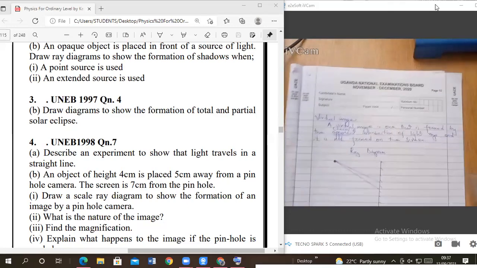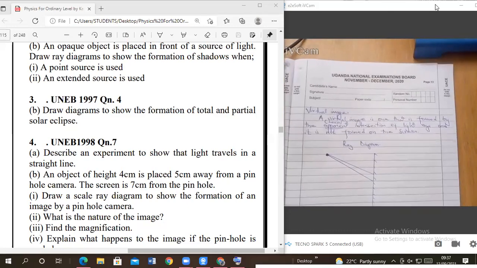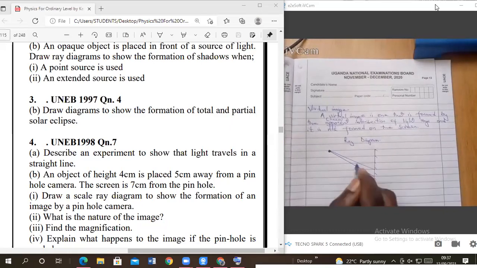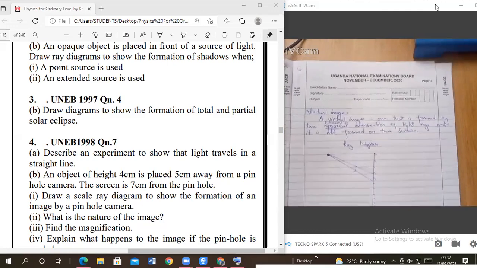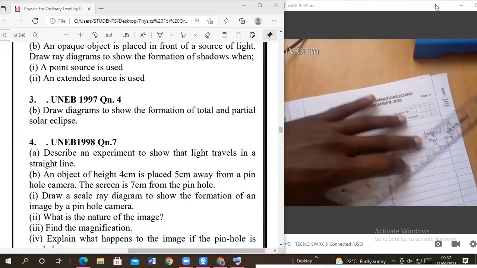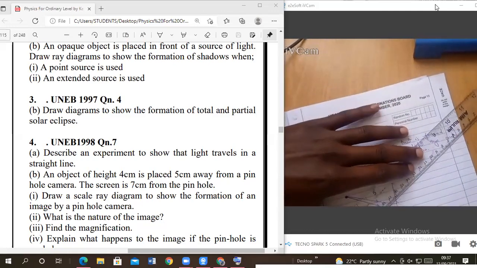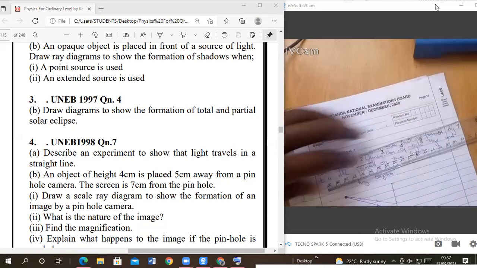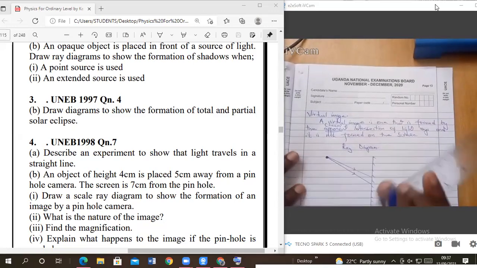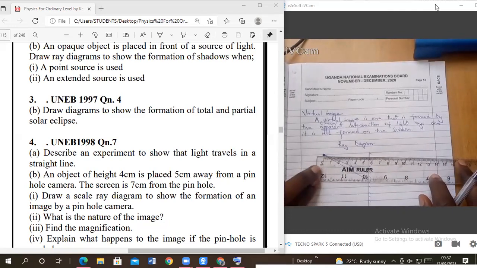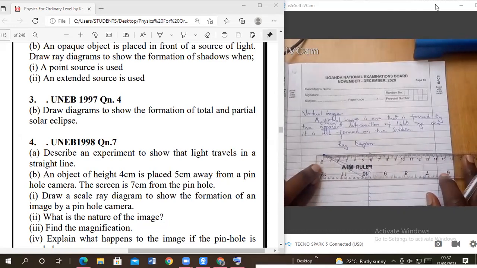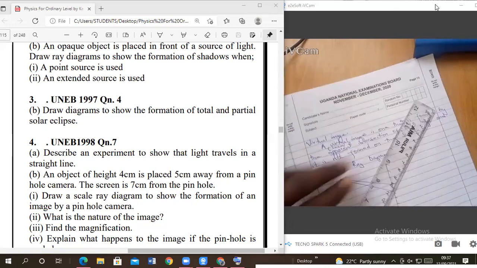Remember there are very many rays coming, but I'm just taking a few. Members, are you following me? Yes, teacher.